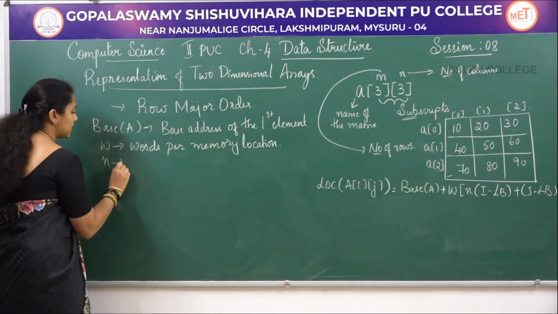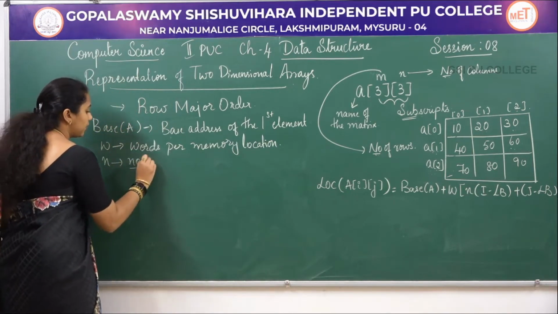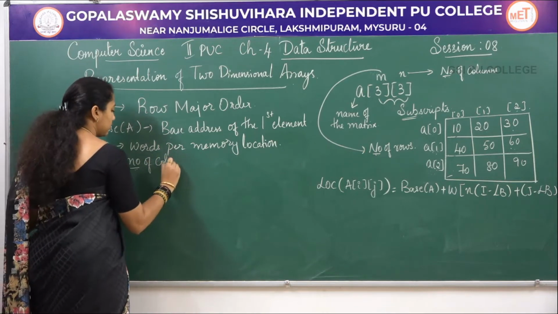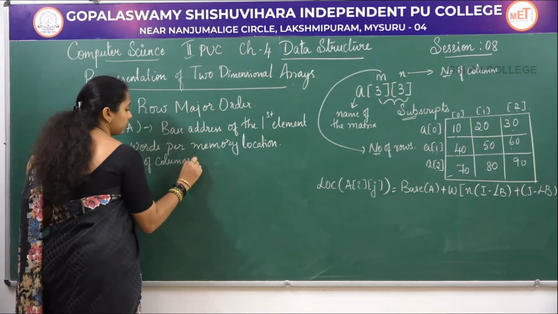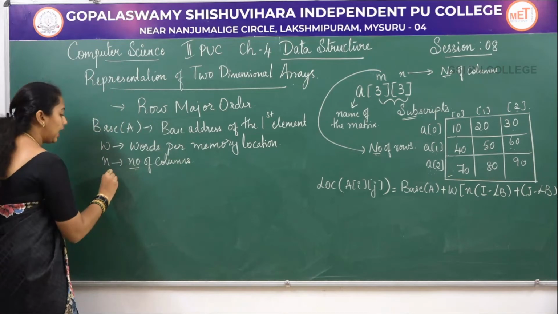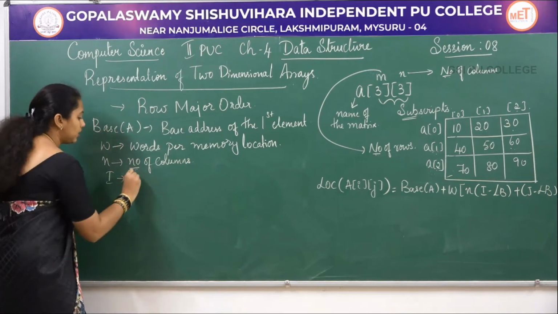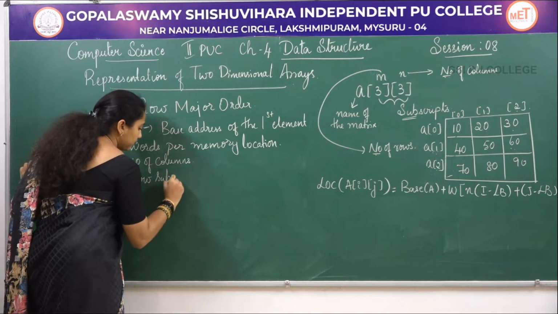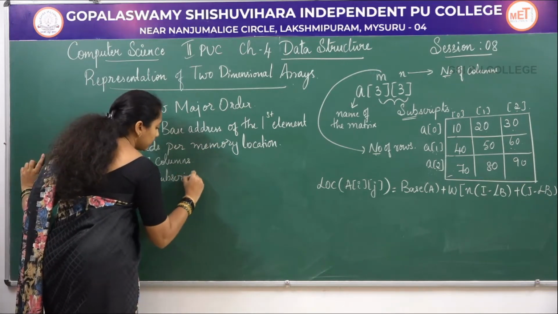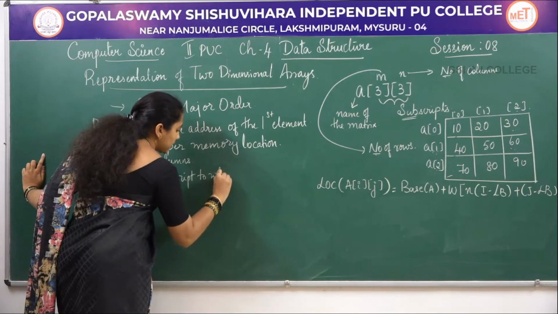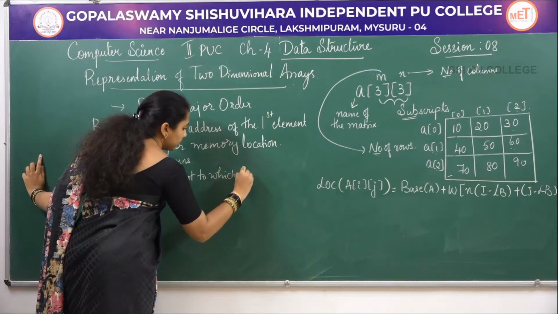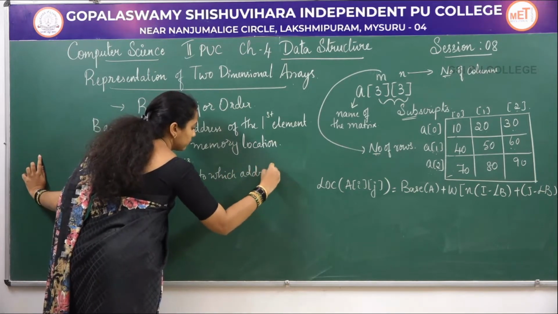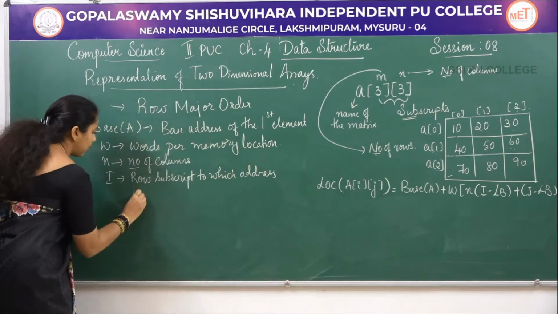N represents number of columns and I represents the row subscript to which address is to be found.